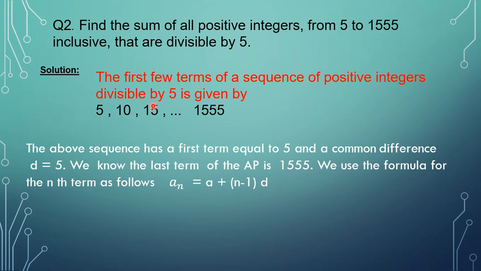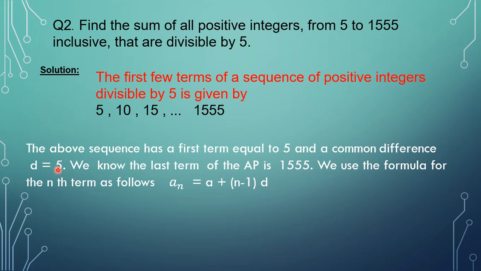Now in this progression, we are getting that a is equal to 5, and the last term, that is an, is equal to 1555, and its common difference is 10 minus 5, 15 minus 10, 20 minus 15, that is 5 for all terms.